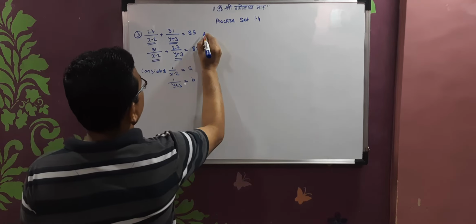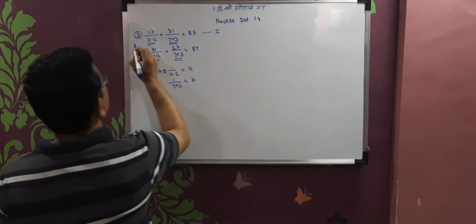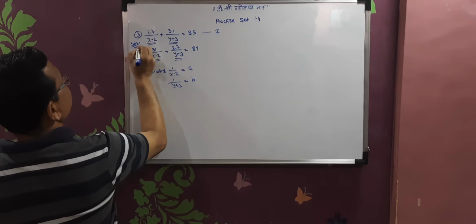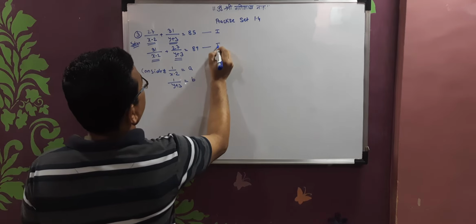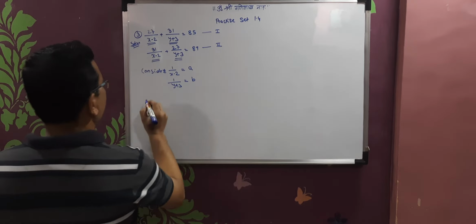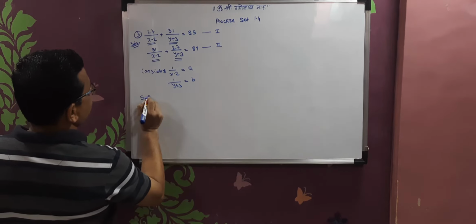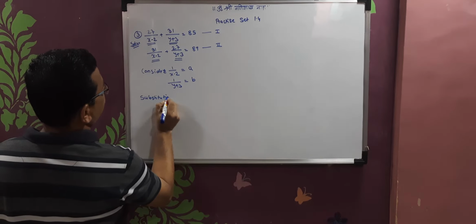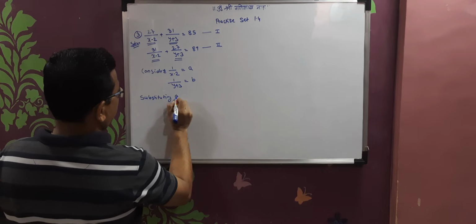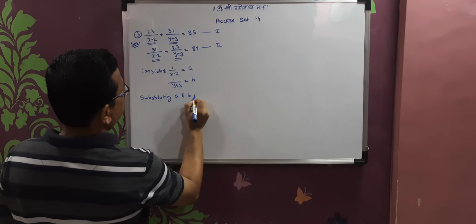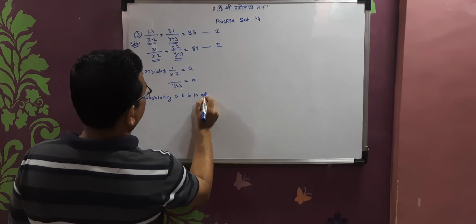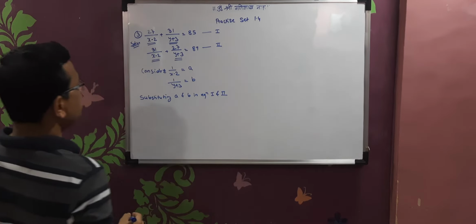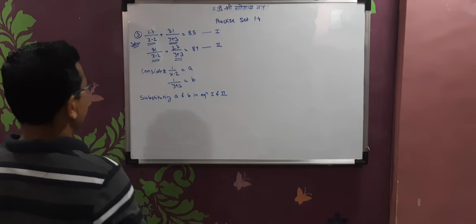We will assume that this is equation number 1, and this is equation number 2. Now substituting a and b in equations 1 and 2, what will the equations become?